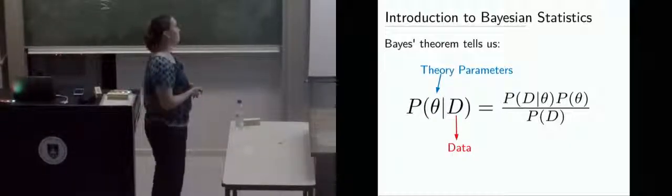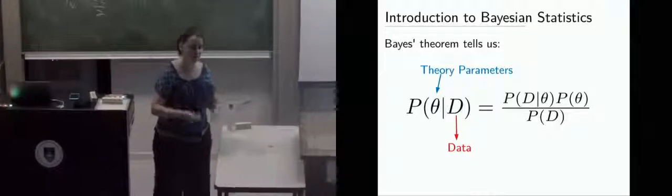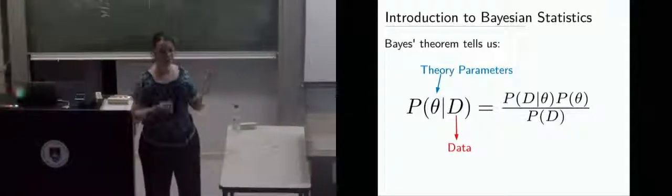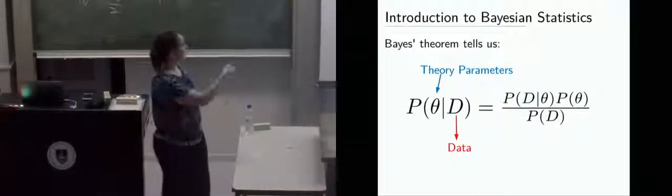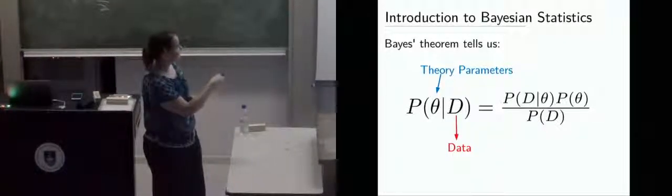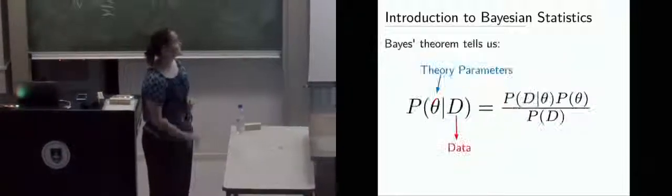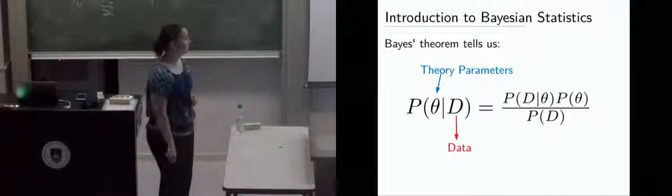If you're talking about, I don't know, modeling the weather, it could be parameters like the pressure or the moisture in the air, things like that. All of the parameters in your theory could go in here, and your data goes in here, whatever your data may be. So these are the same equations, I've just turned a few things around.